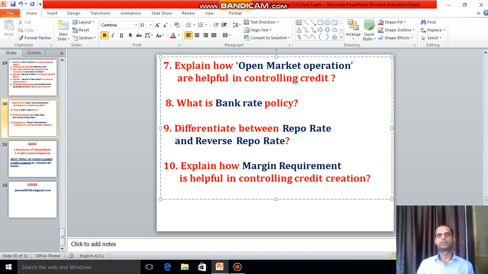Question number 8. What is bank rate policy? Question number 9. Differentiate between repo rate and reverse repo rate. And the last question is explain how margin requirement is helpful in controlling credit creation.